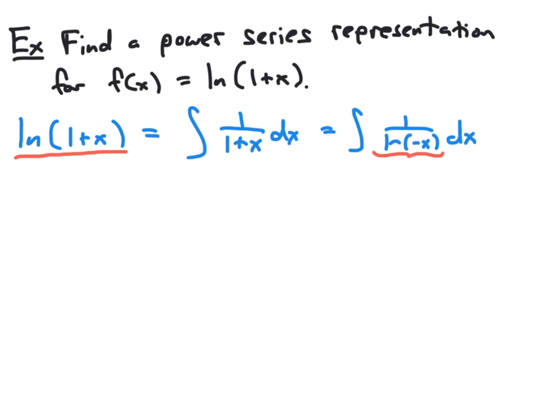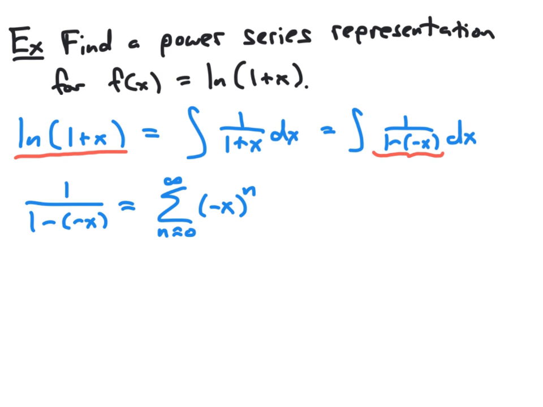So we start with our function 1 over 1 minus negative x, and we write this as a power series using the geometric sum formula as n equals 0 to infinity of negative x to the nth power. We can then break this up so that we have the series from n equals 0 to infinity of negative 1 to the n times x to the n.